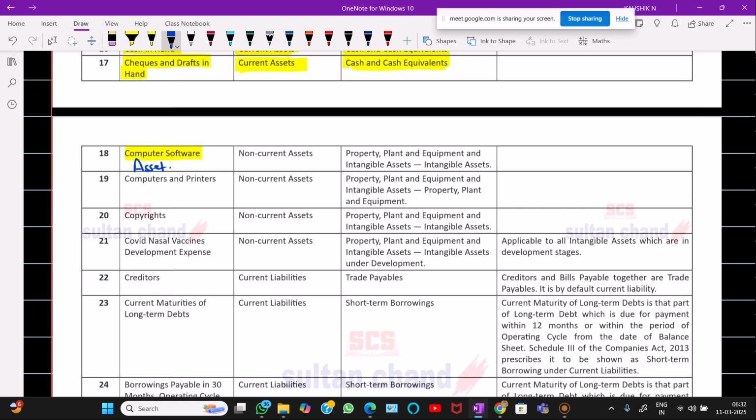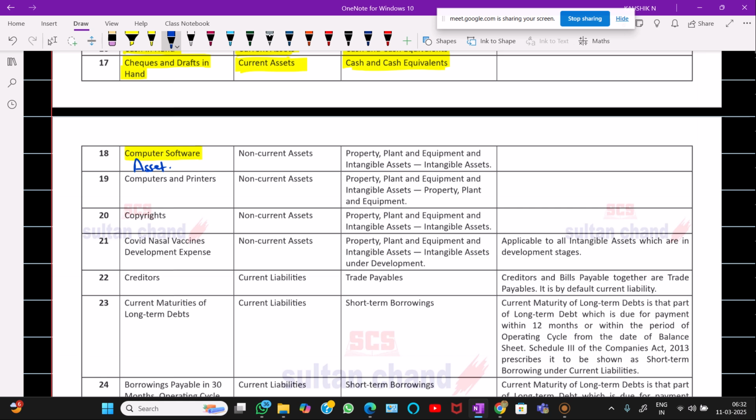Or if I go for a new version, I can just update that software in my PC or laptop and run the show. That means I'm going to spend an amount and it is going to be used for a longer period. So it is a fixed asset. Computer software is basically a fixed asset, and that's the reason it is a non-current asset.